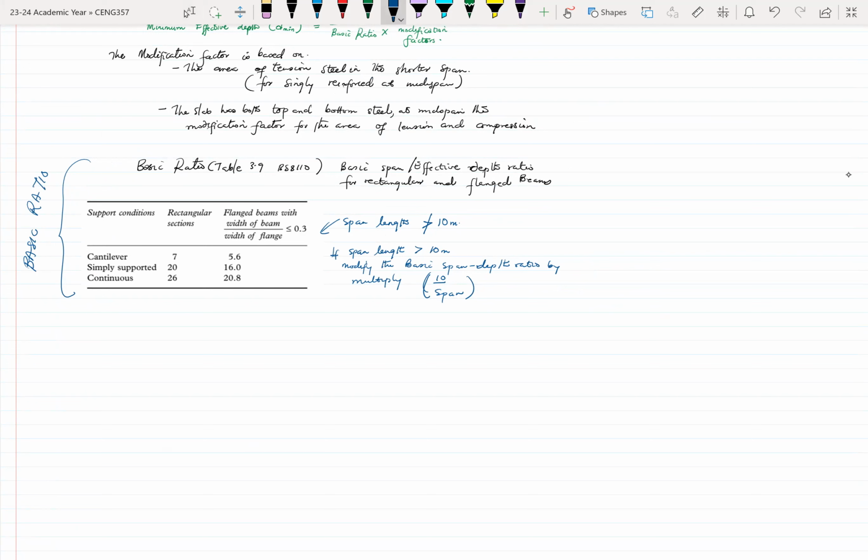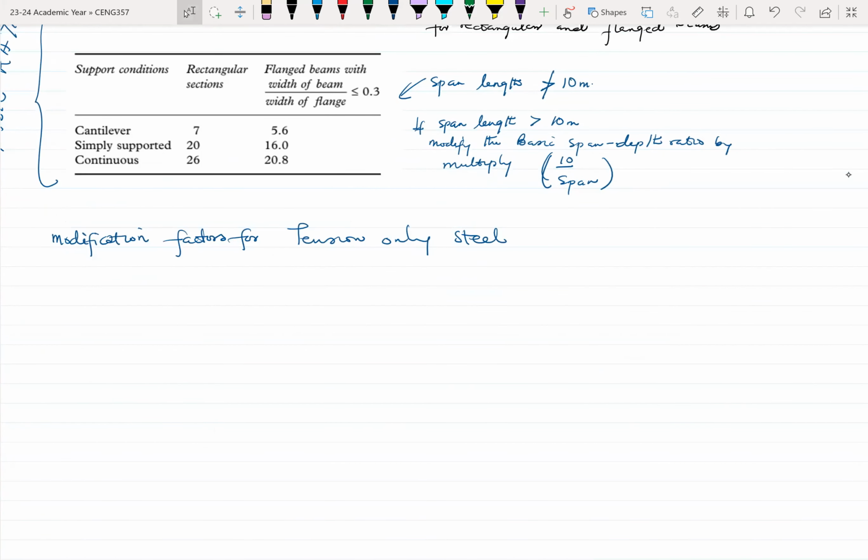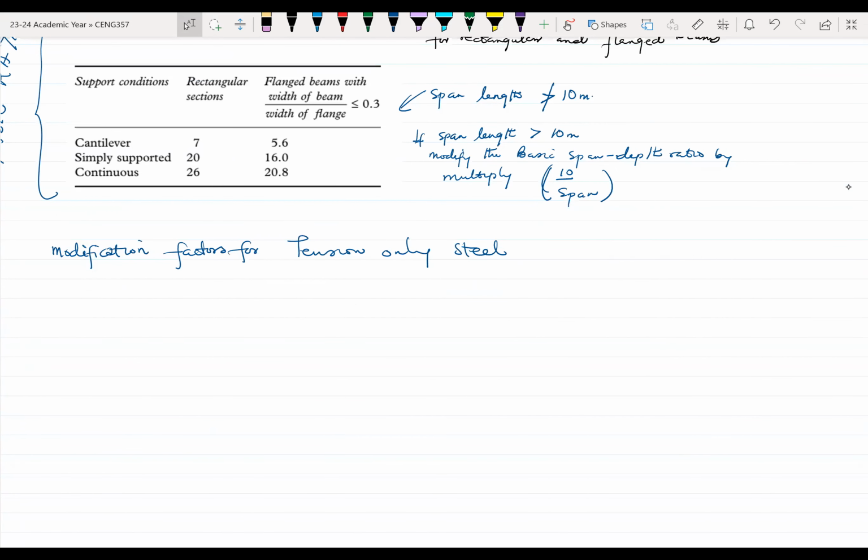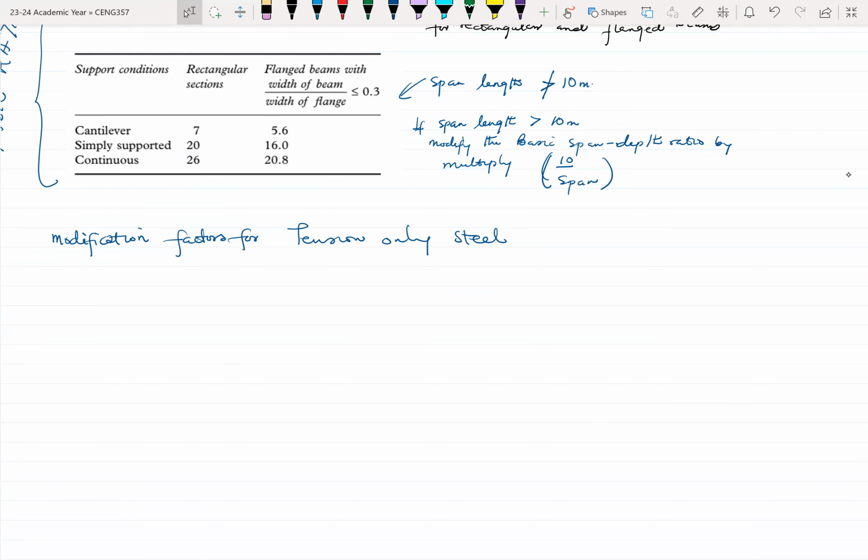So for modification factors, well, let's say for tension only steel, and that's also a table.